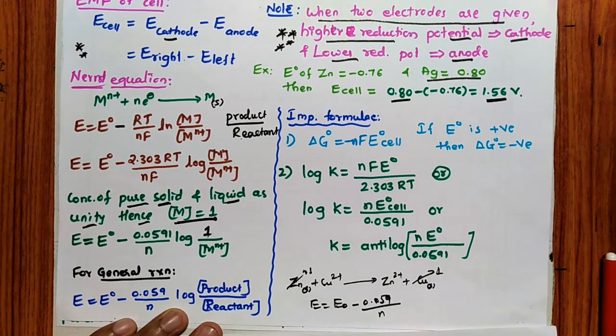How to calculate the number of electrons changed? See here, oxidation state 0 to 2 plus, 2 electron change. So N is equal to 2, and I can write log of product by reactant. Product is the Zn2 plus concentration divided by the Cu2 plus concentration.